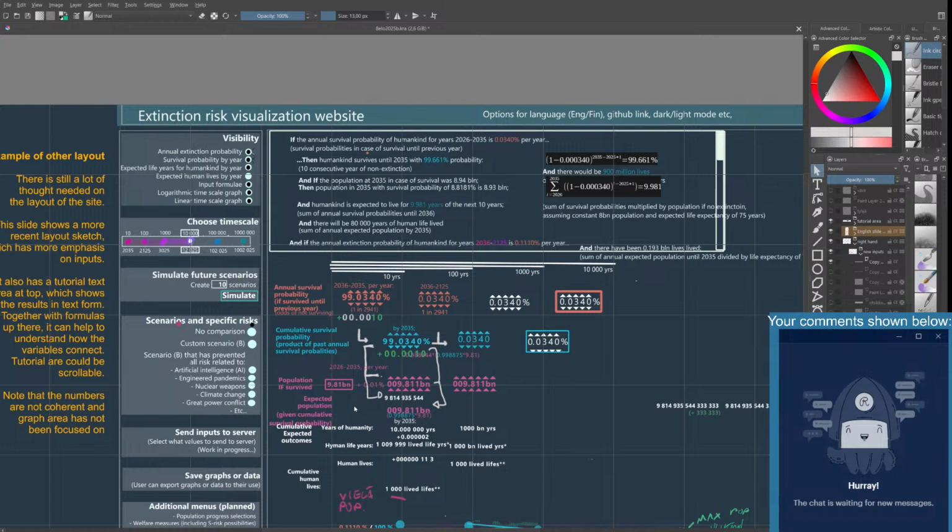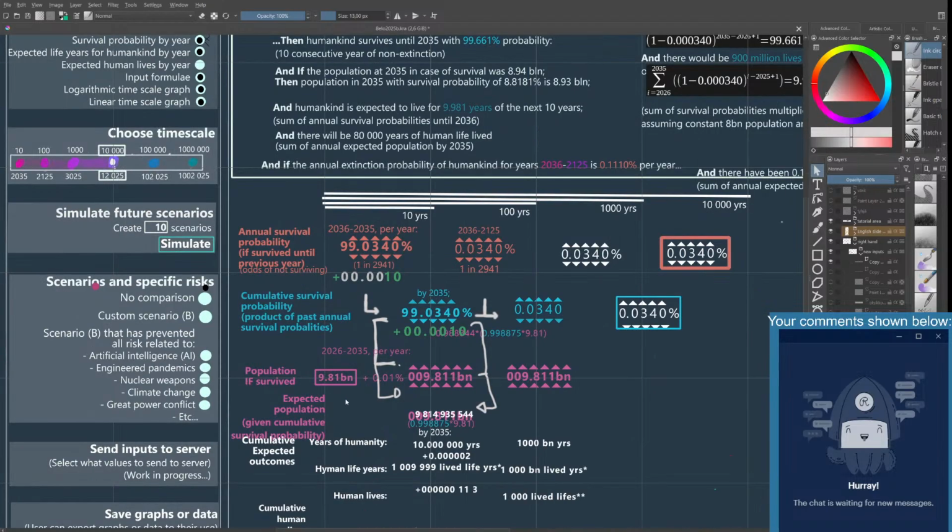That's a little bit tricky with these other variables. Yeah, also I'm thinking, should I have this?